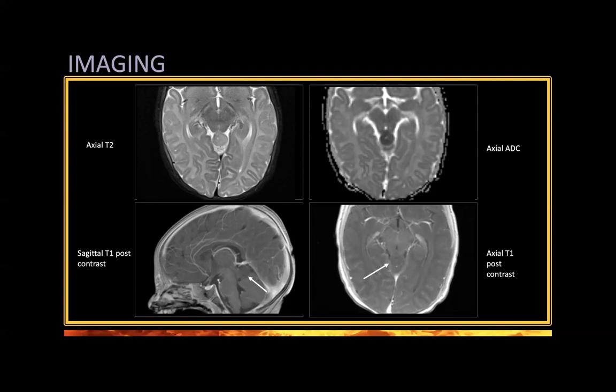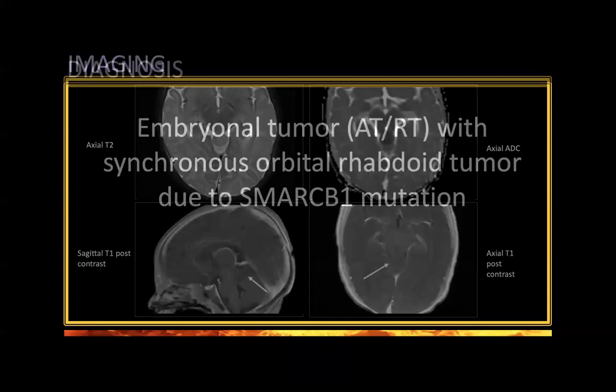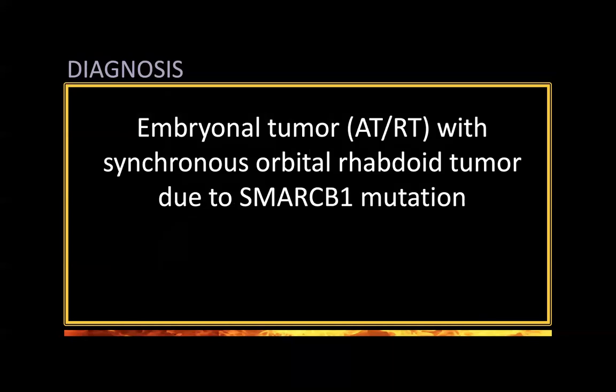And this combination of face findings and orbital findings and intracranial findings of an embryonal-looking tumor is typical of a diagnosis that we can make in this case, that is both genetic and histological, because the only possibility is an embryonal tumor in the brain, an ATRT, with a malignant rhabdoid tumor in the face.